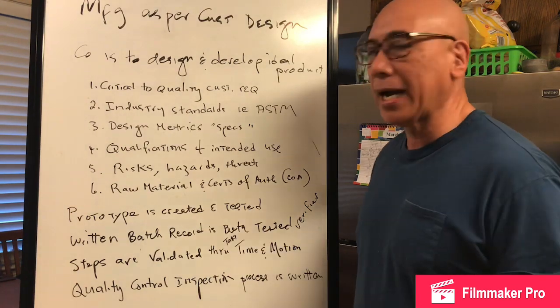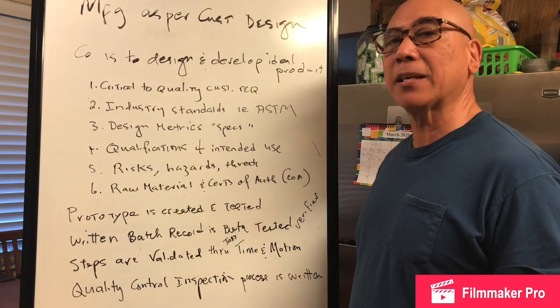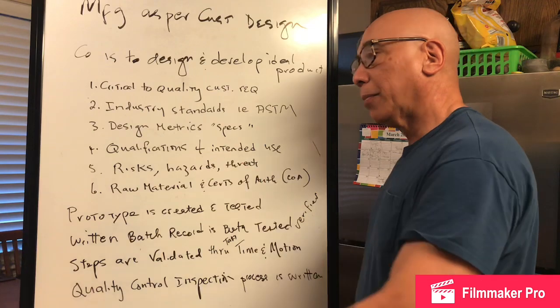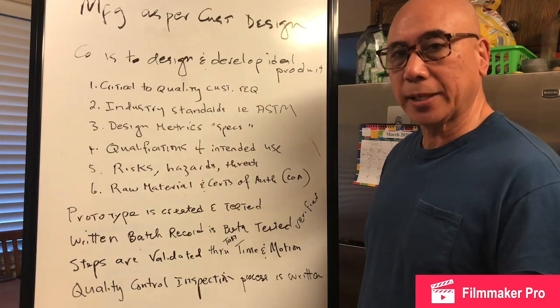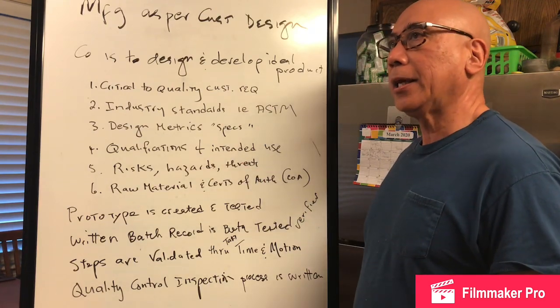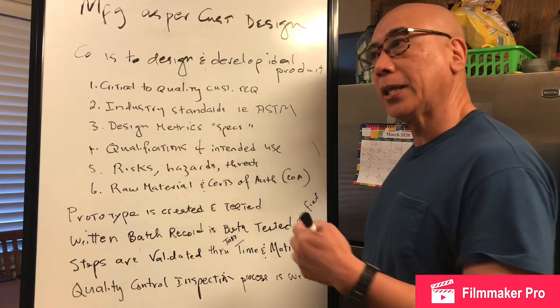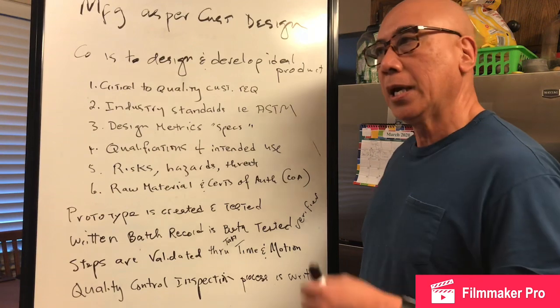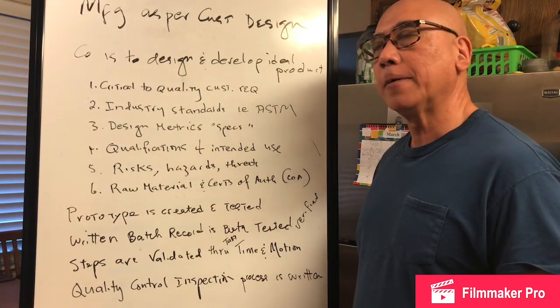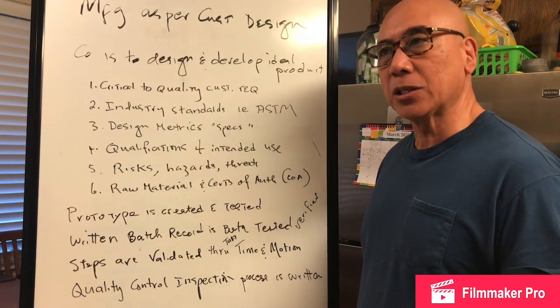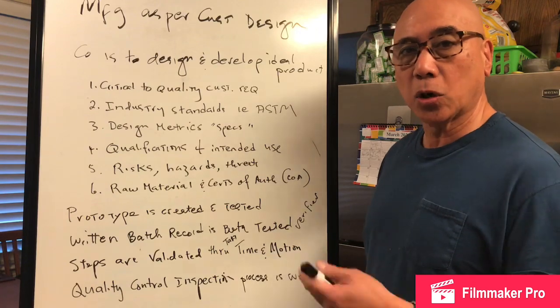Number three, design metrics. What are the specifications, the measurements, the strength, the tensile strength? Say that if you're using glue, what is the lifespan of that glue? Does that glue reduce integrity as a result of heat or cold?